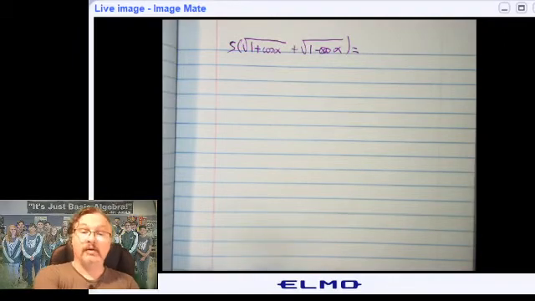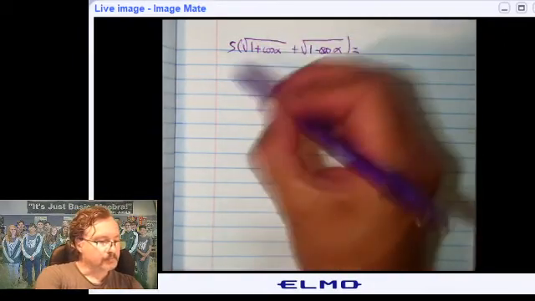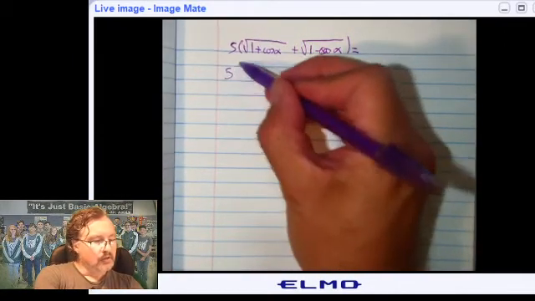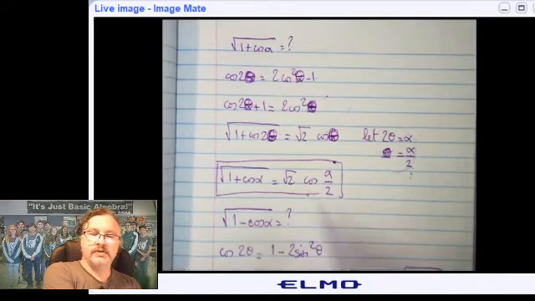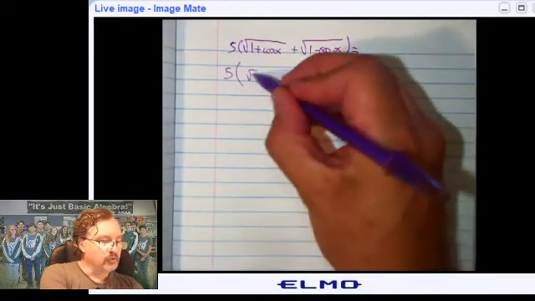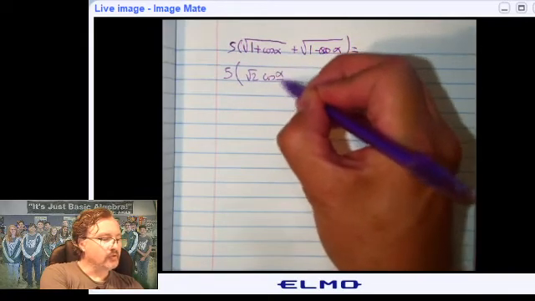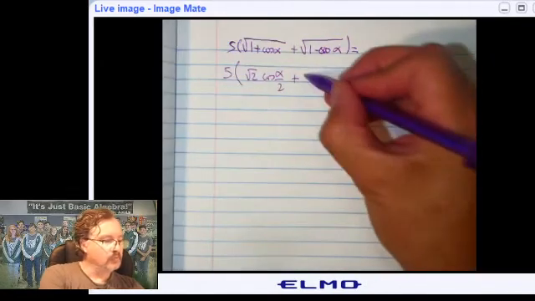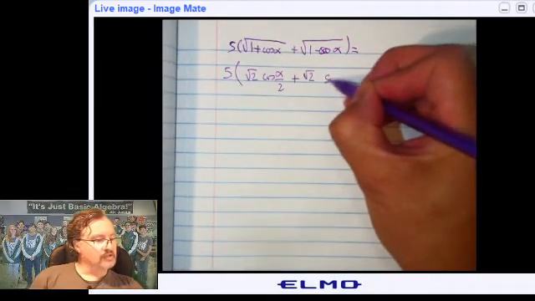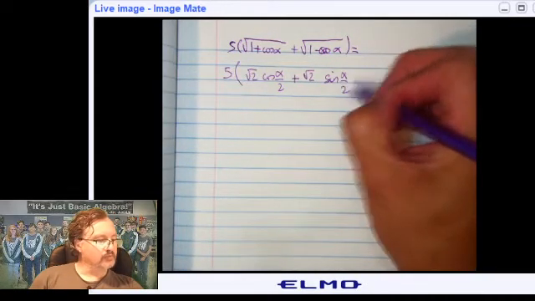So if now I use the fact that this term is equal to this, it's going to be root 2 times cosine of alpha over 2 plus root 2 times sine of alpha over 2.